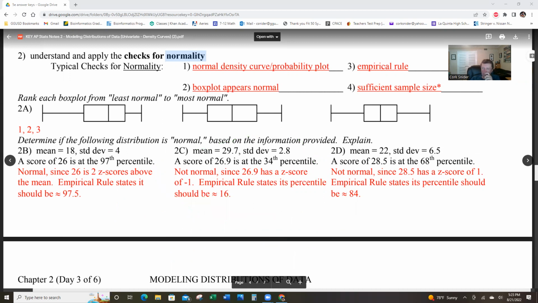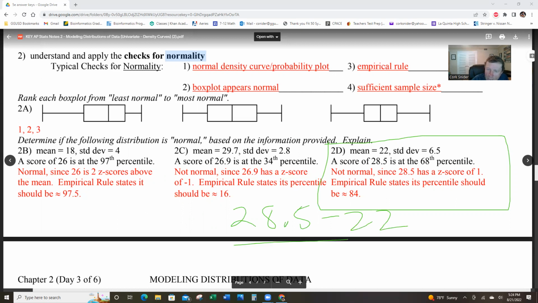And now the last one, if you have a mean of 22 and a standard deviation 6.5, a score of 28.5 is the 68th percentile, let's see if that's about normal. Okay, so let's go 28.5 minus 22 divided by 6.5. If you do that, that's a z-score of 1. A z-score of 1 should be the 84th percentile, and this is really odd.